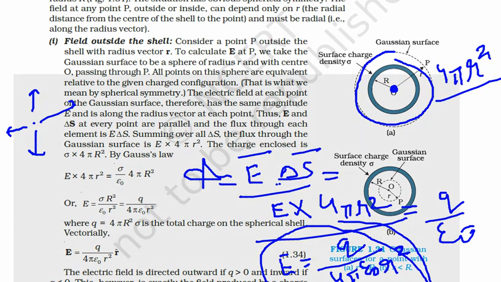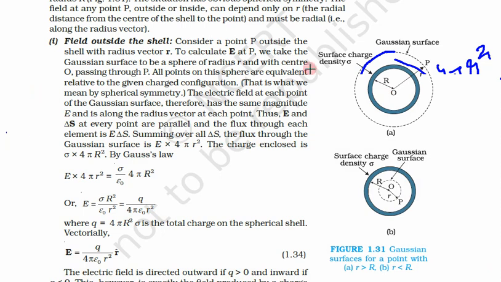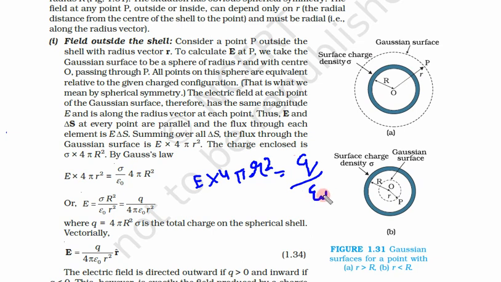Now solve it again, keeping the values of surface charge density. So we saw E into 4 pi r square is equal to Q upon epsilon naught. Now what is Q here? Q is equal to sigma into surface area, but this time what surface area?